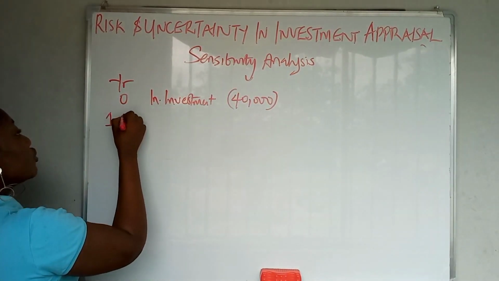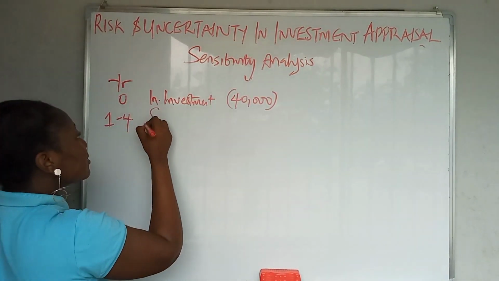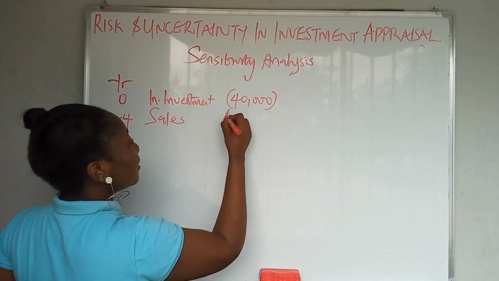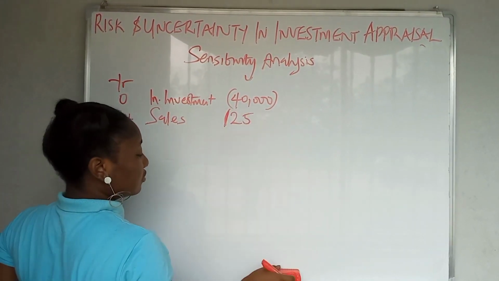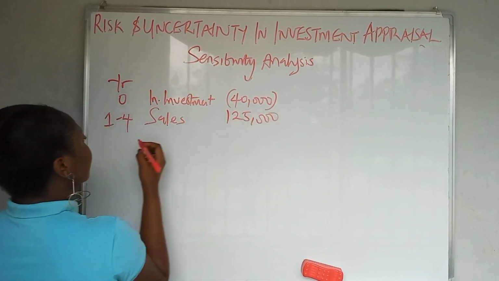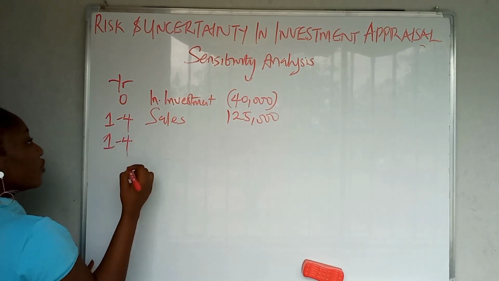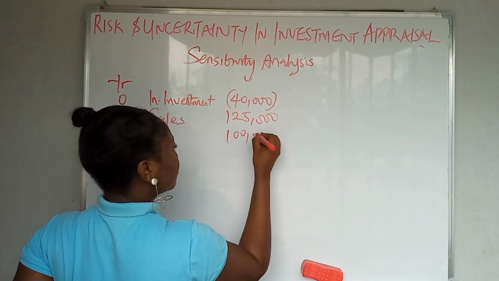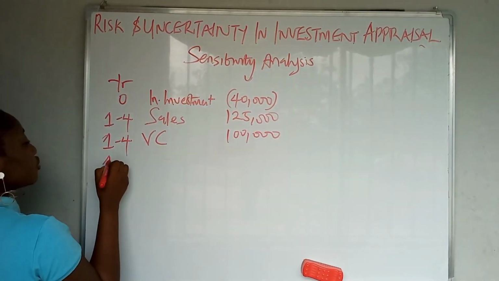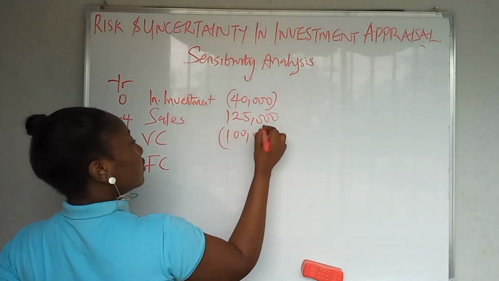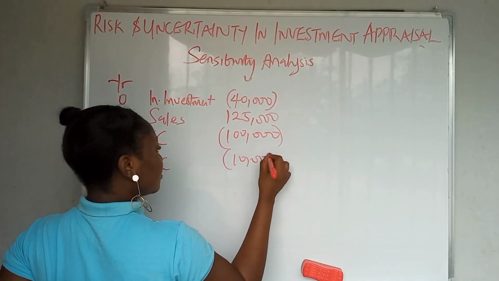Then let's say in year 1 to 4 we have sales of, let's say, 125,000. Then between year 1 to 4 we also have variable costs of 100,000. Then between year 1 to year 4 we have fixed costs of, let's say, 10,000.